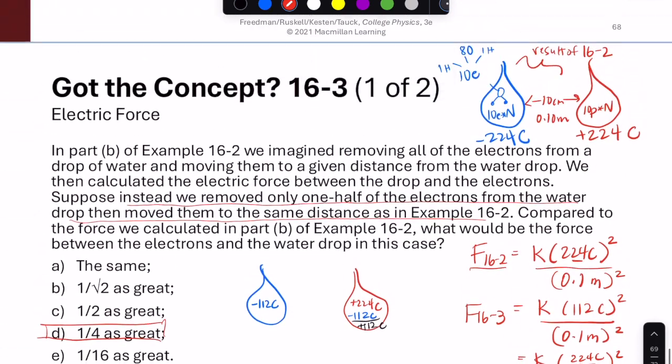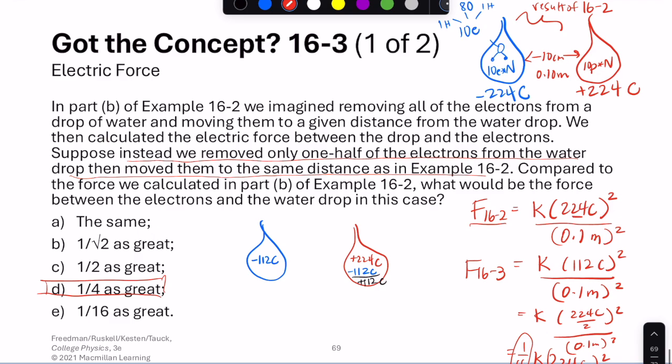Let's zoom out a little bit. What's going on here? Reading comprehension is the underlying problem. If I just told you, how does the force compare between two charges of 224 versus two charges of 112, you'd be like, oh, well, 1/4 as great, right?